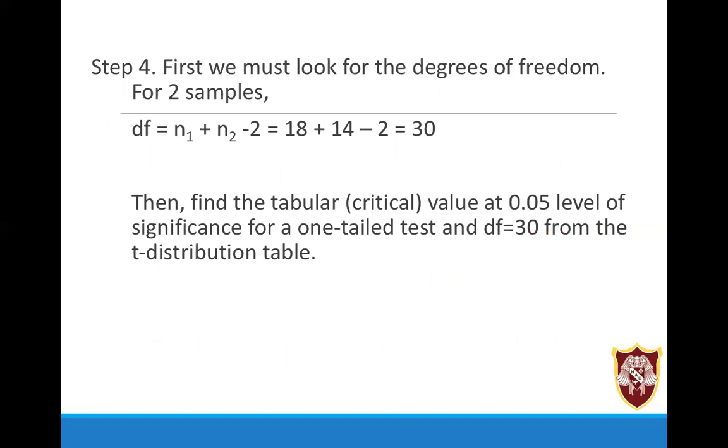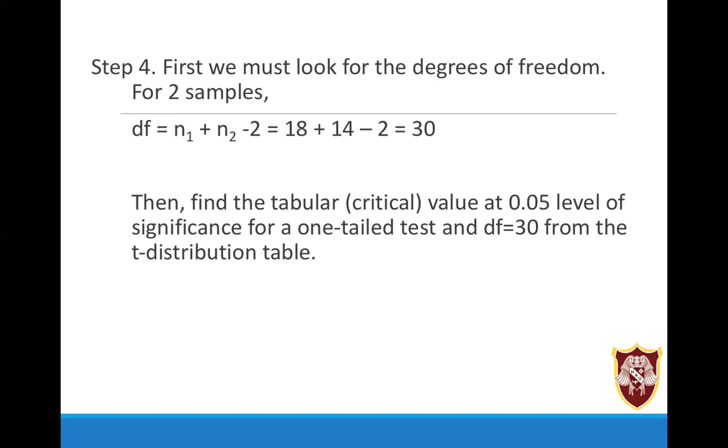And then step 4, we have to determine the critical value or the tabular value of t. But first, we must look for the degrees of freedom. Determining the degrees of freedom is necessary when performing t-tests. Okay, so for two samples, the degrees of freedom is equal to the sum of the two sample sizes, n sub 1 and n sub 2 minus 2.